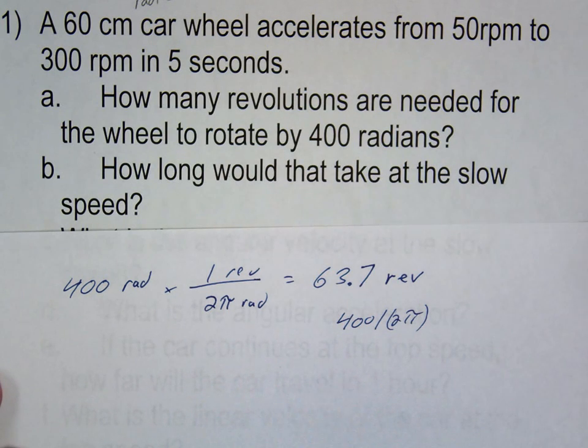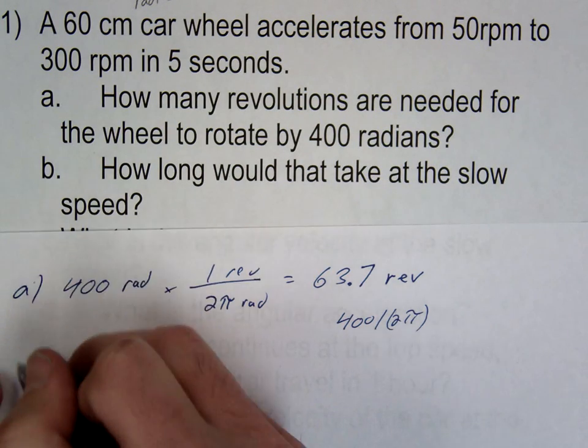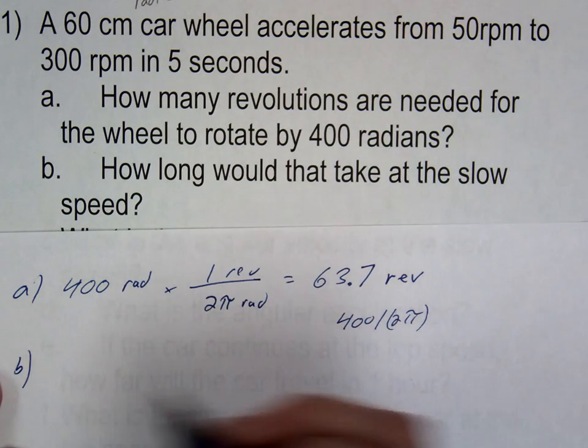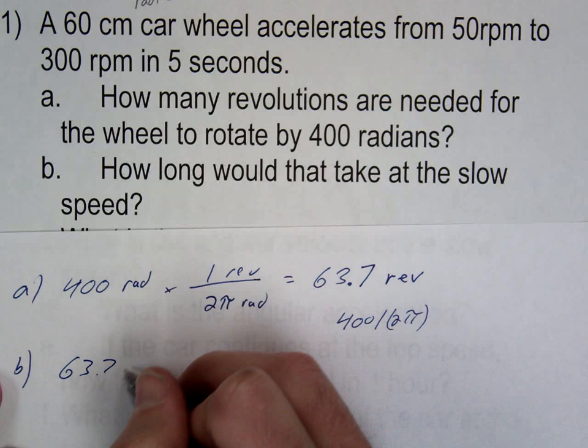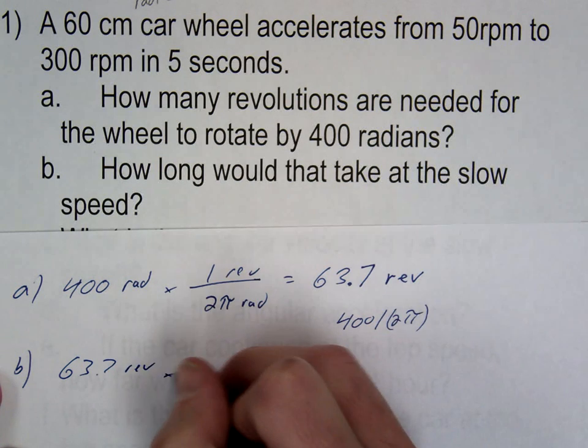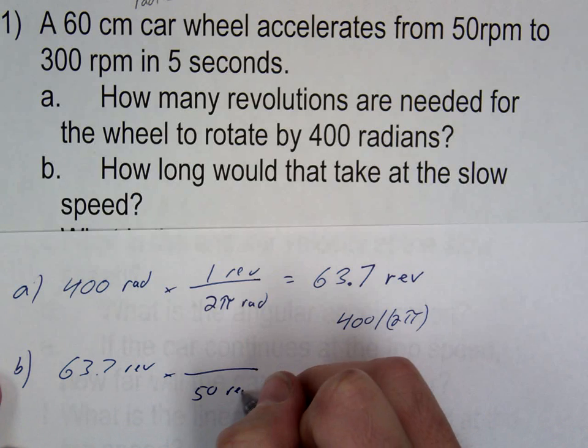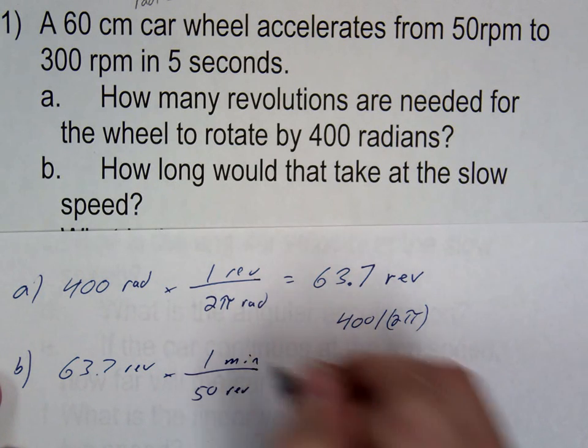Well, how would we actually figure that out? Okay, well, we would say 63.7 revolutions, right? And I'll do it like this: 50 revs per 1 minute.